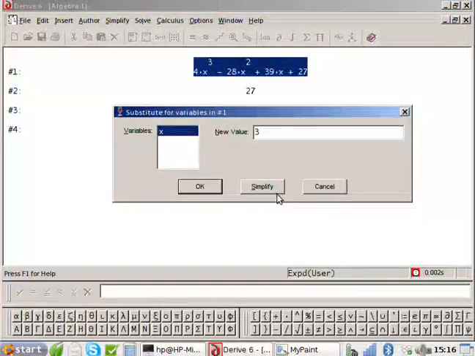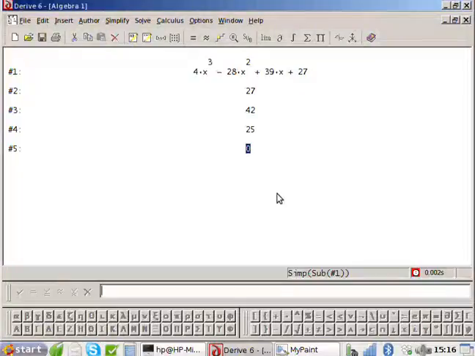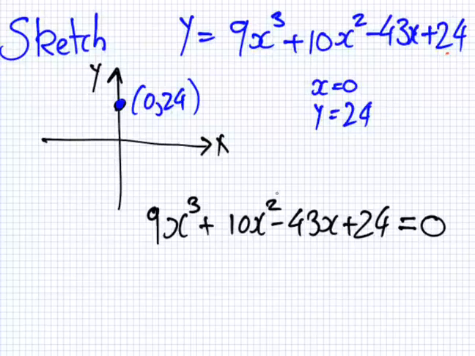Would that work? 0. So x equals 3 is a root. That means x minus 3 is a factor. Now in the exam, the good news for you is the limit is minus 3 to plus 3. So you will only ever need to check these numbers. So we need to start guessing.